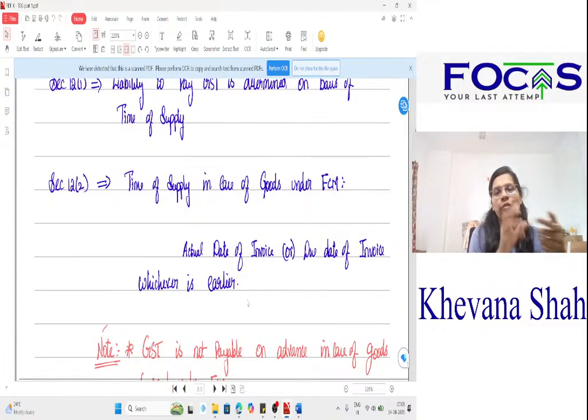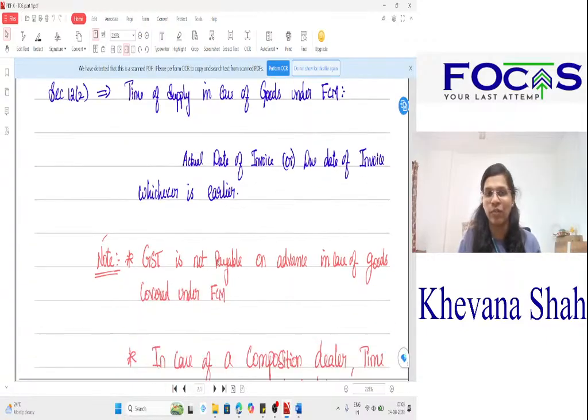We have already seen the rules for calculating the due date of invoice. So you need to check your actual invoice date, the date on which the invoice is actually raised, against the due date of invoice, and the earlier of these two dates will be your time of supply in case of goods.